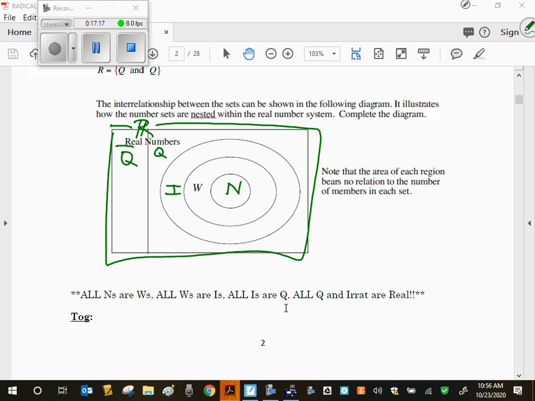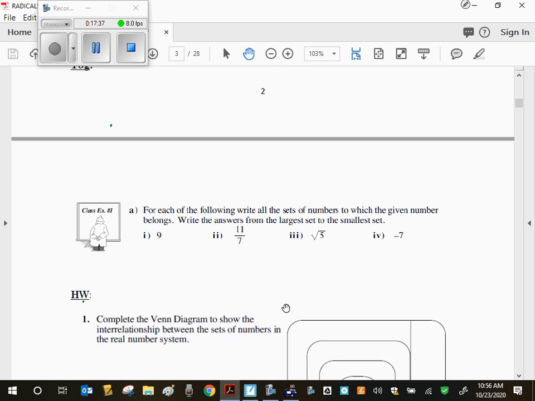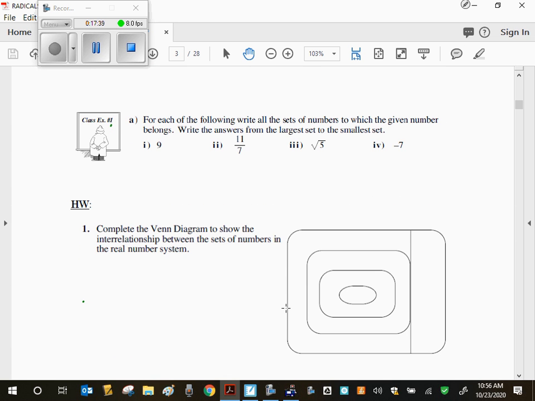Okay, you need to know this chart. You also need to know that all natural numbers are whole numbers, all whole numbers are integers, and so forth. I'm going to ask you what number systems the numbers belong to, and you have to list them. So go to the top of page 3. The first thing I'm going to get you to do when you have a question like this is write down real numbers for all of them.